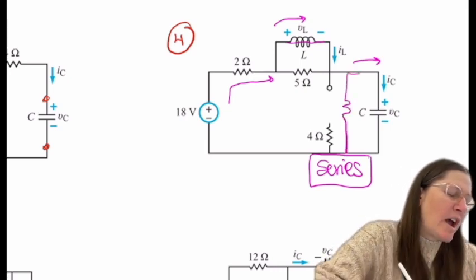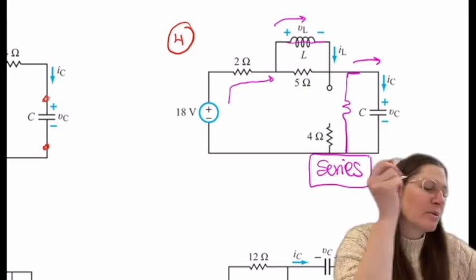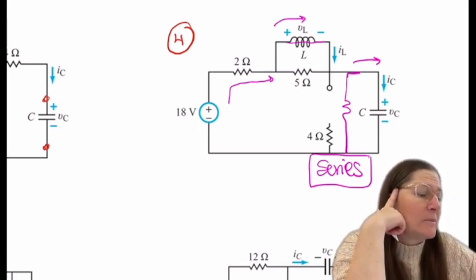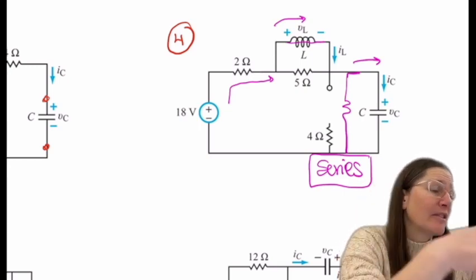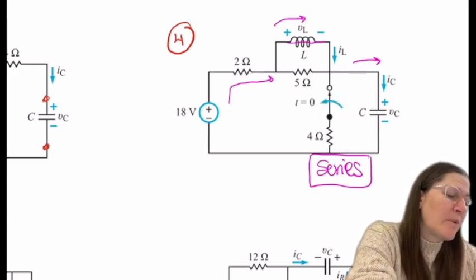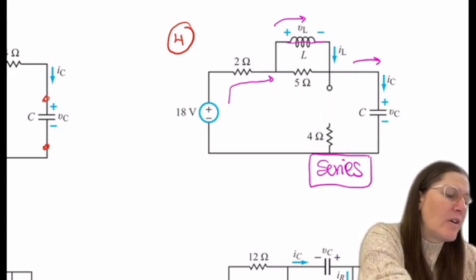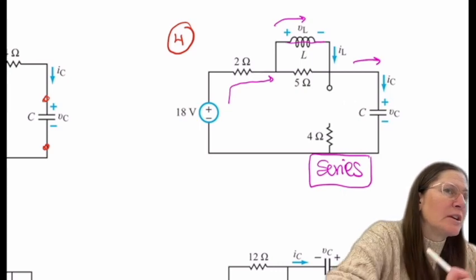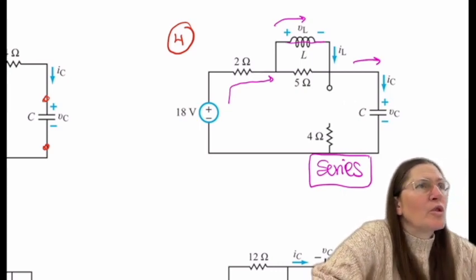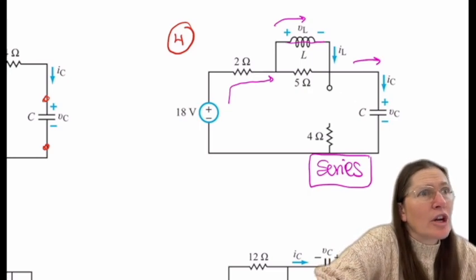So if I had this, this would be neither. But in this configuration, because the current is all the same, it will be in series. So you can look at them like, where's the current going?